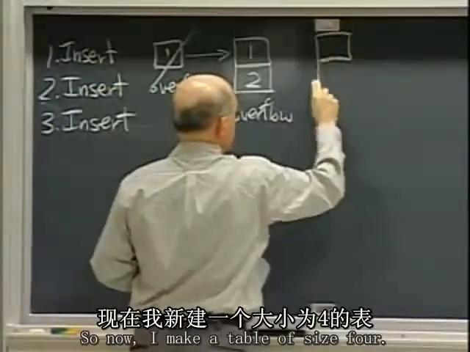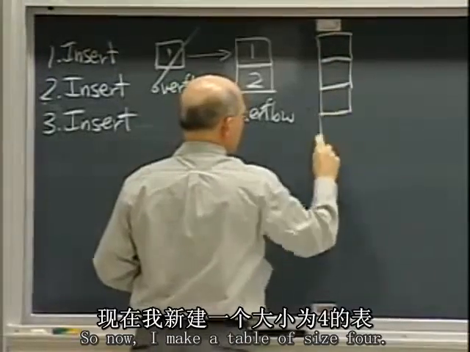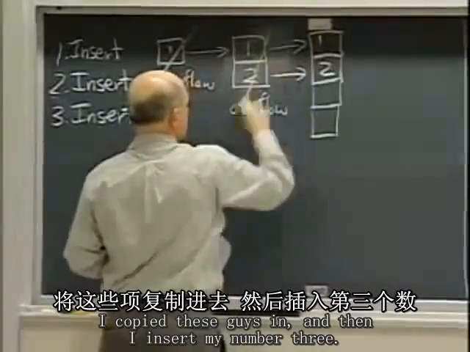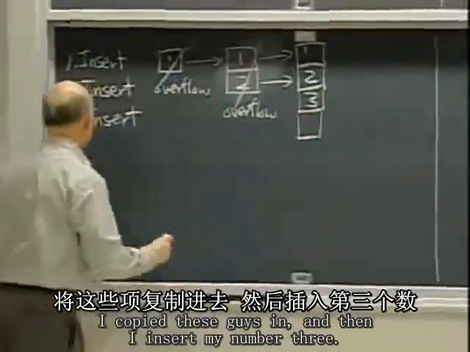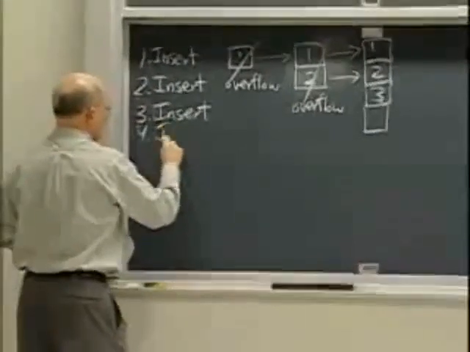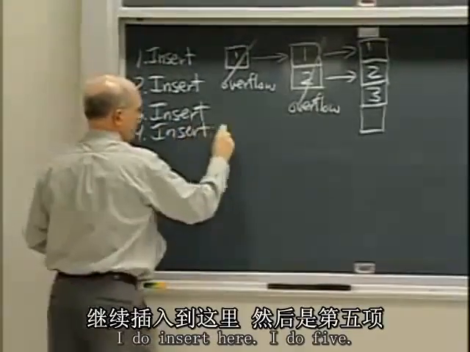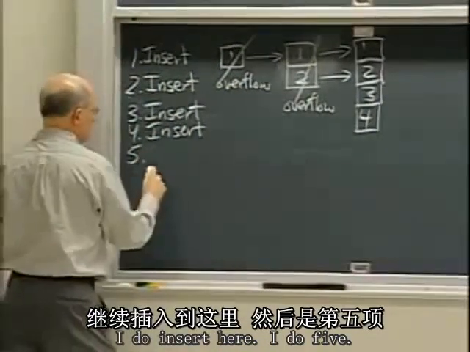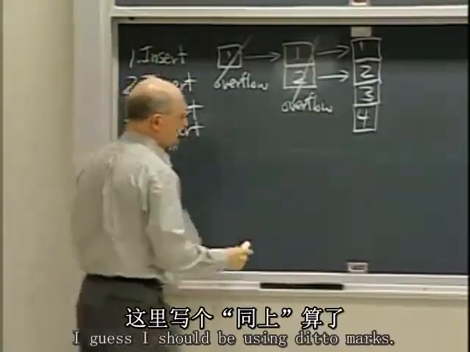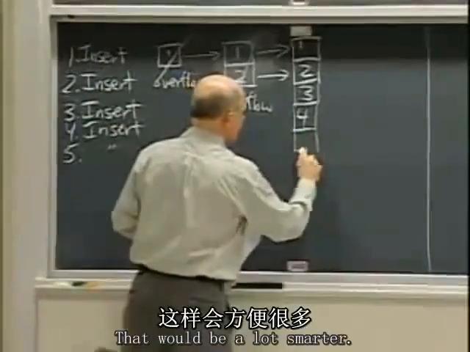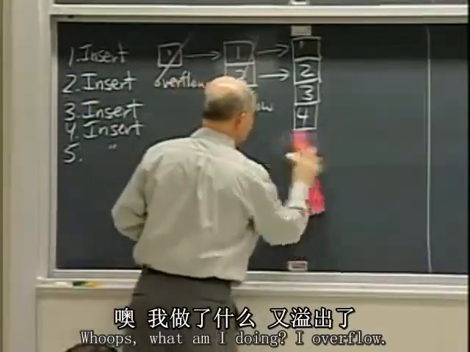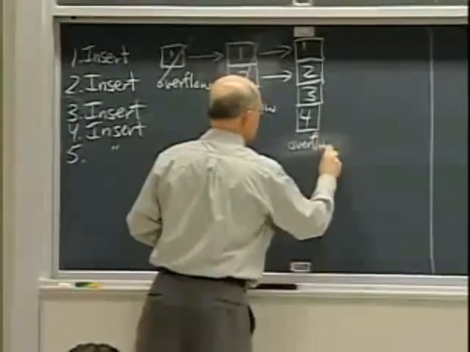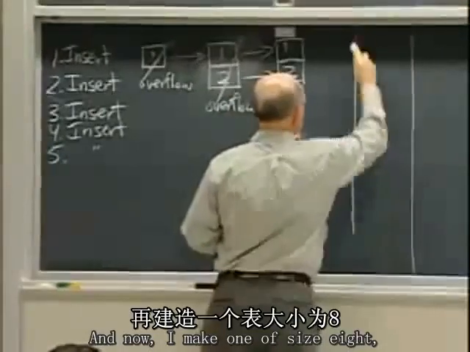So now I make a table of size 4. I copy these guys in, and then I insert my number 3. And we do insert here. We'll do 5. I guess I should be using ditto marks. That'd be a lot smarter. Okay, whoops. What am I doing? I overflow. So now I make one of size 8.